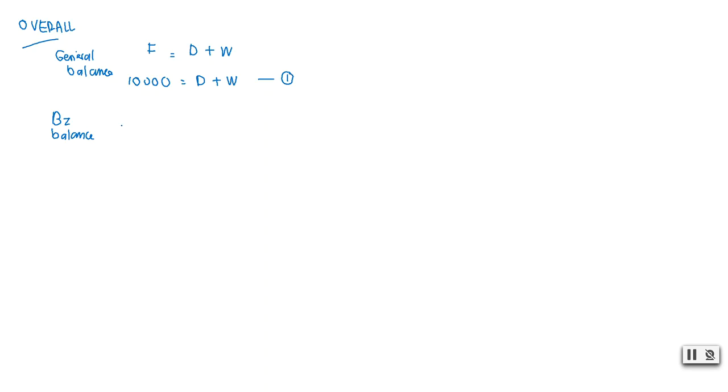For the overall benzene balance, we have 10,000 times 0.5 equals D times 0.95 plus W times 0.04.